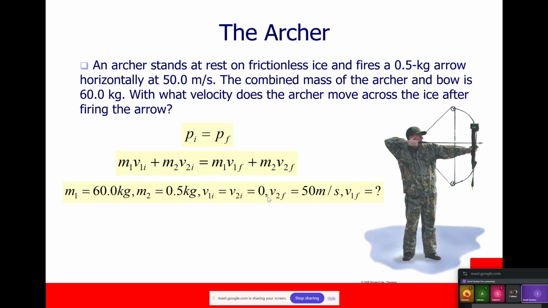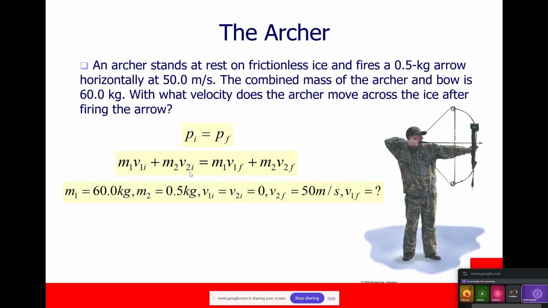Now, as it releases the arrow, it is going to have a particular velocity. He said it fires a 0.5 kilogram arrow horizontally at 50. That will be the velocity of the arrow.